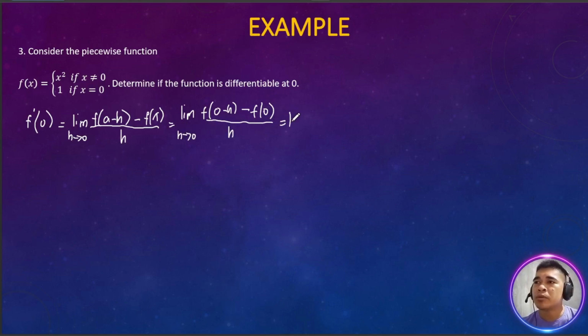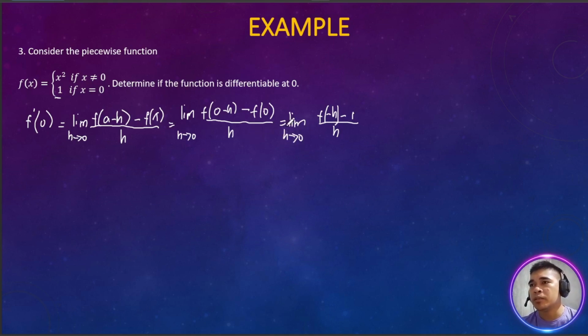So remaining here is f of negative h, minus, since x is equal to 0, we have 1 here, all over h as h approaches 0.